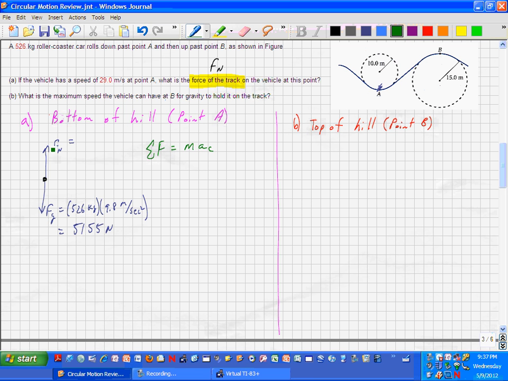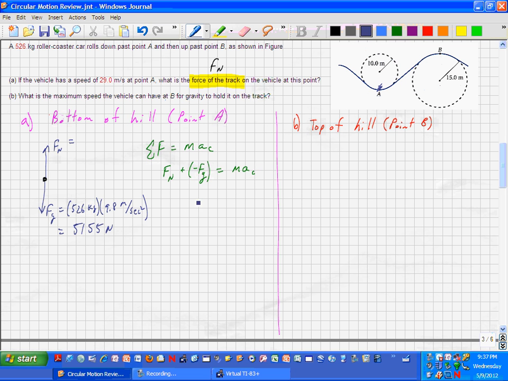So the sum of the forces, I've got my two forces here, which is F normal plus negative Fg, because it's pointing downward, is going to be equal to m times the centripetal acceleration. We know the force of weight. We're trying to find the normal force. We know the mass. The only thing we don't have is the centripetal acceleration.